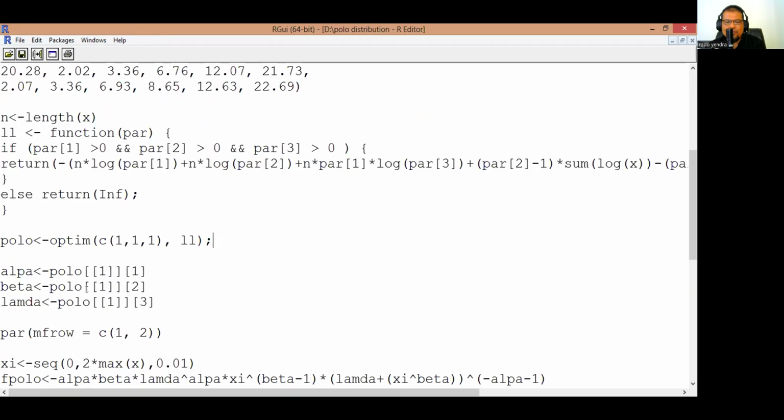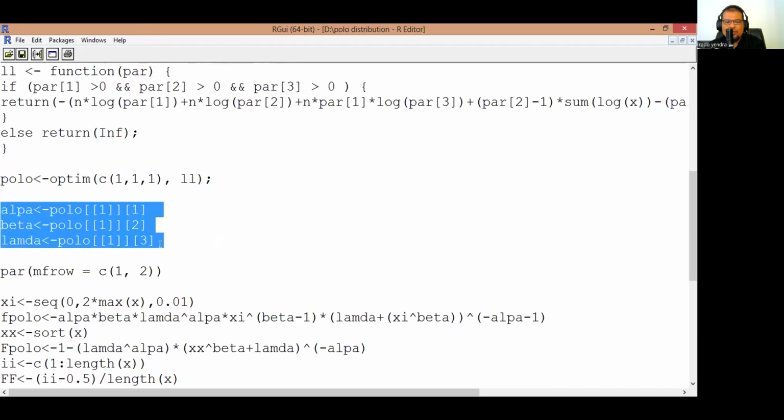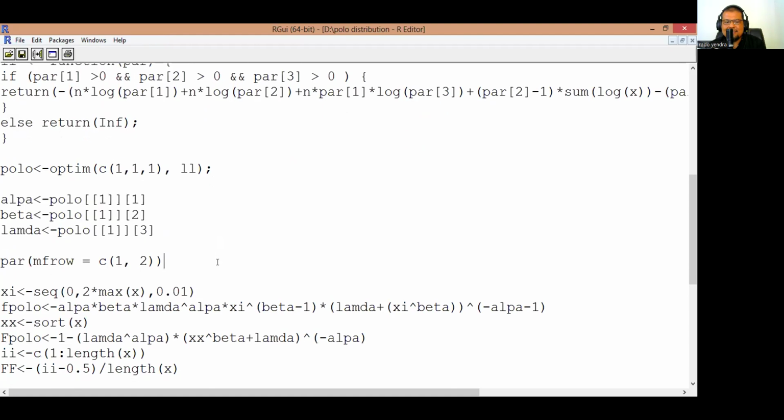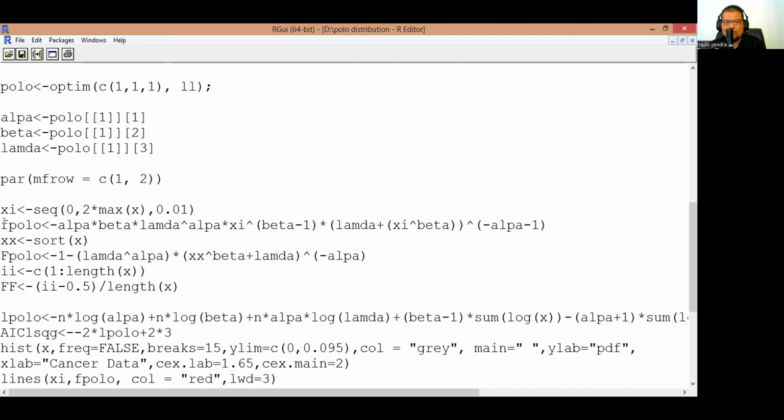Like I said before, to create the density plot, we must understand the density function, like equation 11. This is the density function, but remember we must put xi, which means the sequence 0 until 2 times the maximum data, with a jump of 0.01.